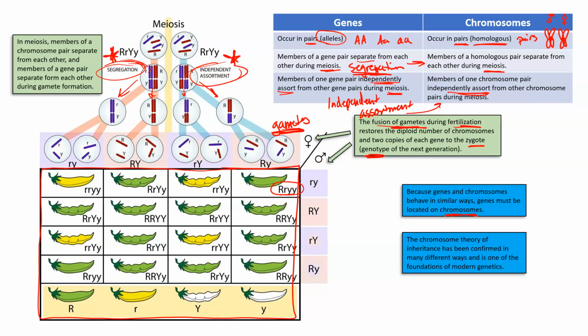And again, the conclusion or takeaway is that genes and chromosomes behave in similar ways. According to this table, they basically are identical to each other. Genes are in pairs, chromosomes are in pairs. Genes segregate, chromosomes segregate. Genes independently assort, chromosomes independently assort.